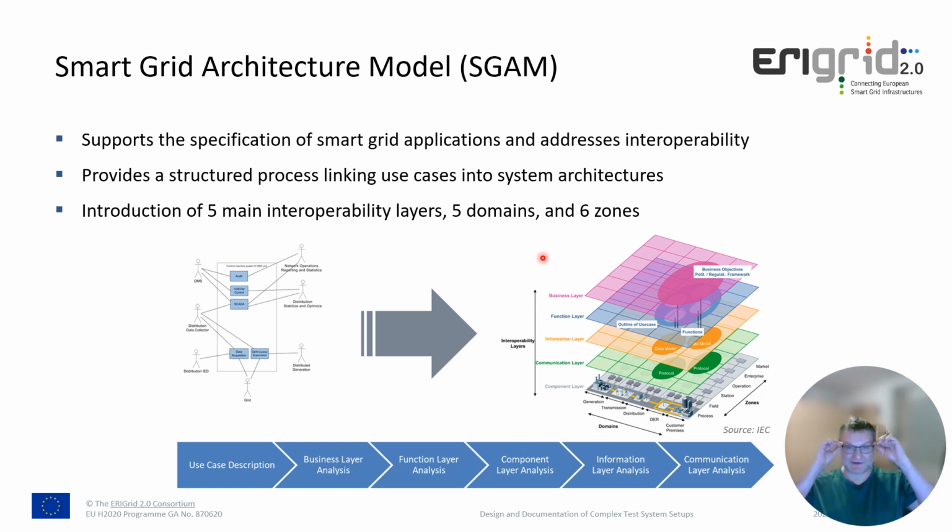So the smart grid architecture model, the SGAM, supports the specification of different smart grid applications, and it mainly addresses interoperability between these different domains, zones, and the interoperability layers. It provides a structured process linking use cases into system architectures, and it introduces these 5 main interoperability layers, the 5 domains and the 6 zones.